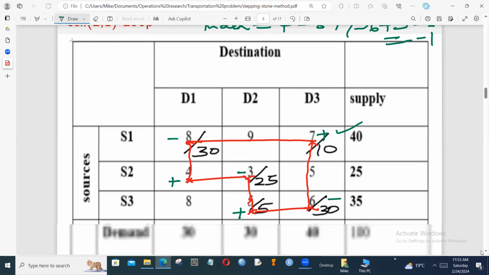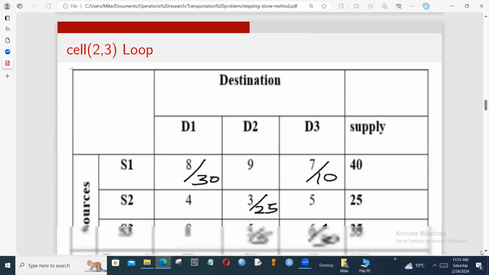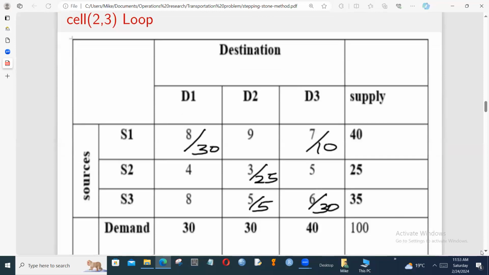We move on. The next cell we are actually performing is cell 2-3. This particular one, and I think here we have to make a closed loop. We could move this way, then downwards, then that way, then back. That's the only closed loop we can have.